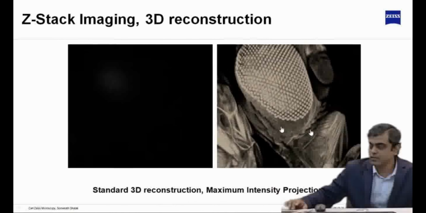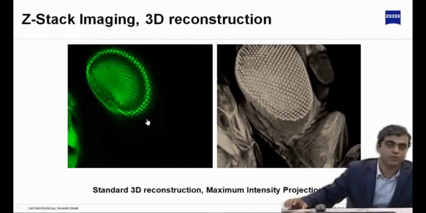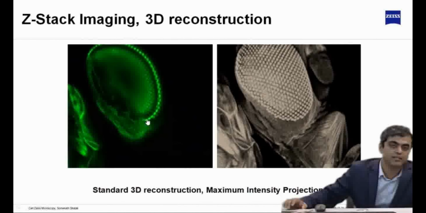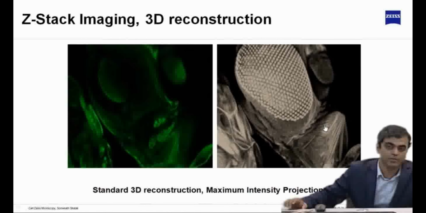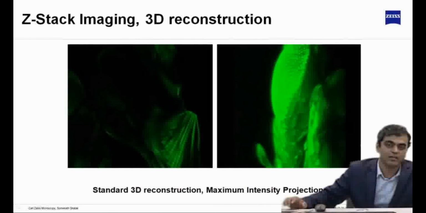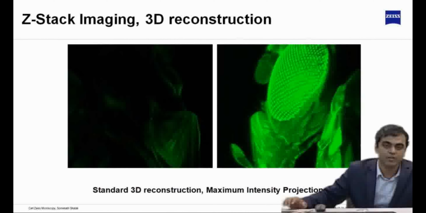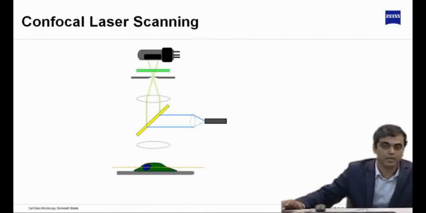So this is just the Z stack of a Drosophila eye, and as you can see, the different Z stack images are taken at different Z positions, and when they are reconstructed in 3D, we get a complete three-dimensional image of a Drosophila eye. So that is the power of a confocal microscope.